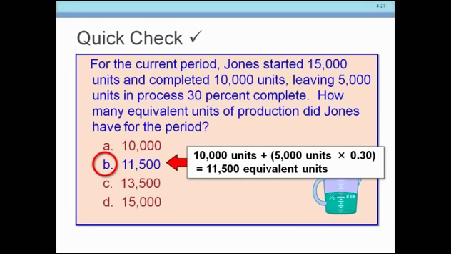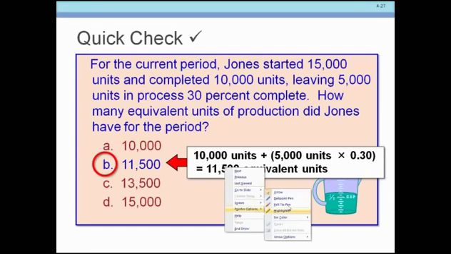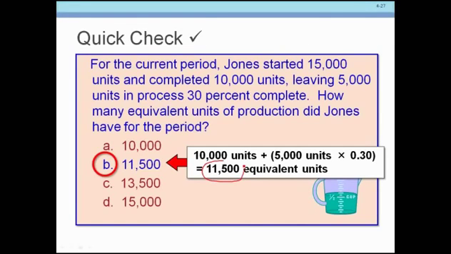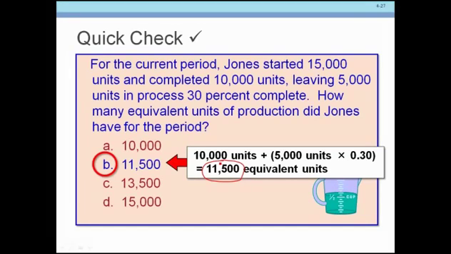So when we calculate the cost per unit, we assume that we have 11,500, because this is how many equivalent units we have. So we spread the cost over 11,500 units. What I just showed you is extremely important, and it's going to get a little more complicated when we break the degree of completion into material, labor, and overhead.